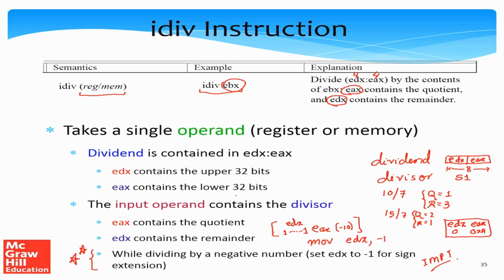So if a number is negative and it is fitting within 32 bits and the number is within EAX, all that needs to be done in the case of a negative dividend is that we need to extend the sign of EAX.